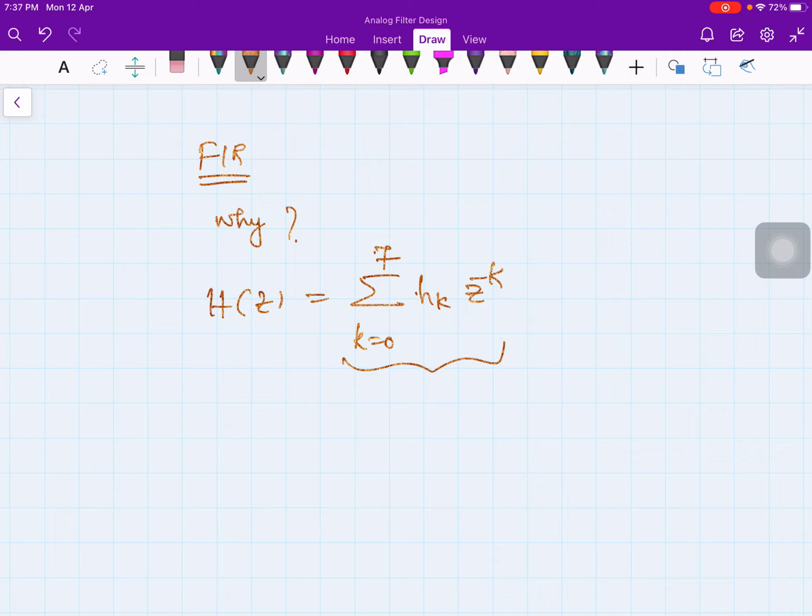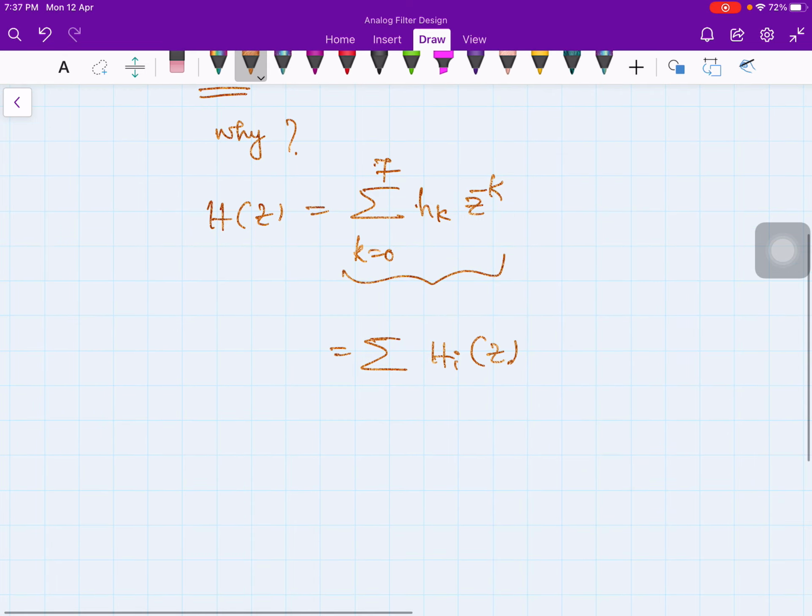However you decompose it, it needs 7 delays. But in general, parallel means what? You write the summation as follows: summation of H_i of z. So there will be at least one H_i of z which will contain 7 delays. Therefore, the processing time cannot be reduced by parallel implementation in FIR case.